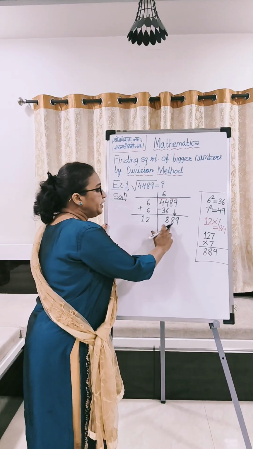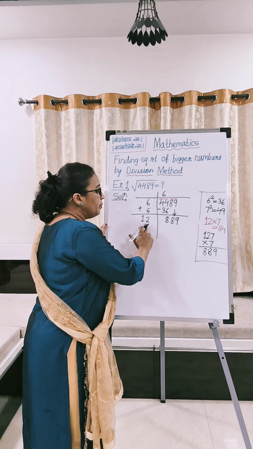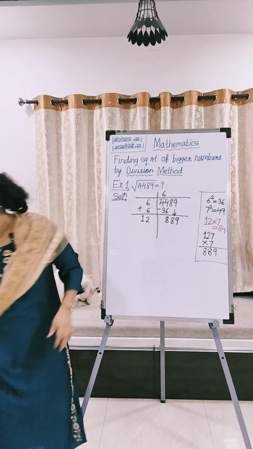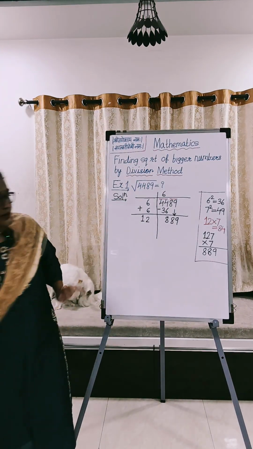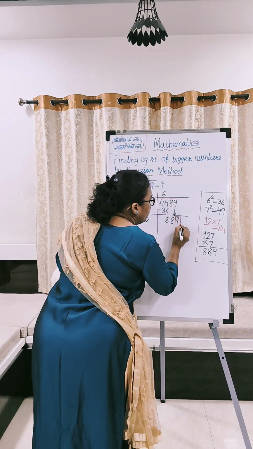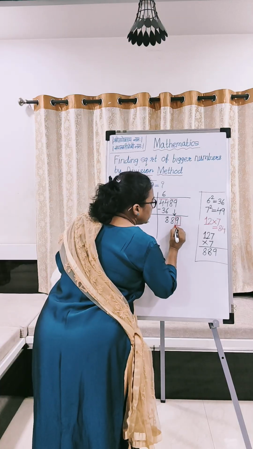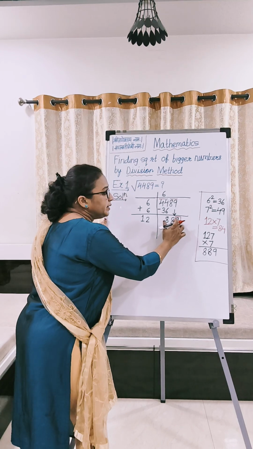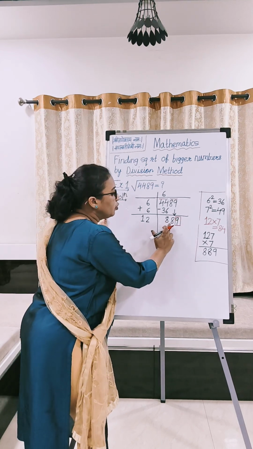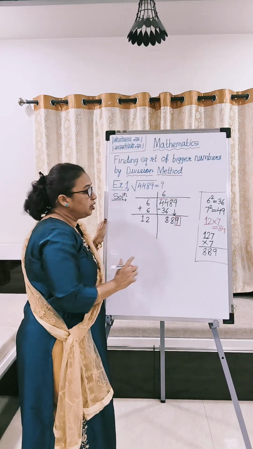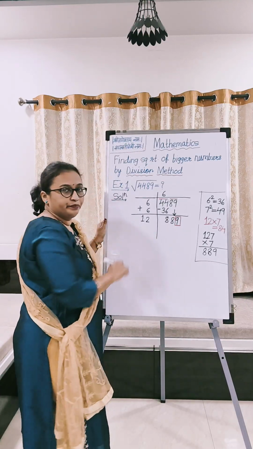Now we are going to divide this number by 12, but before that we are going to hide one digit at the rightmost place. So we hide 9 here and consider only 88 for division. Now divide 88 by 12.